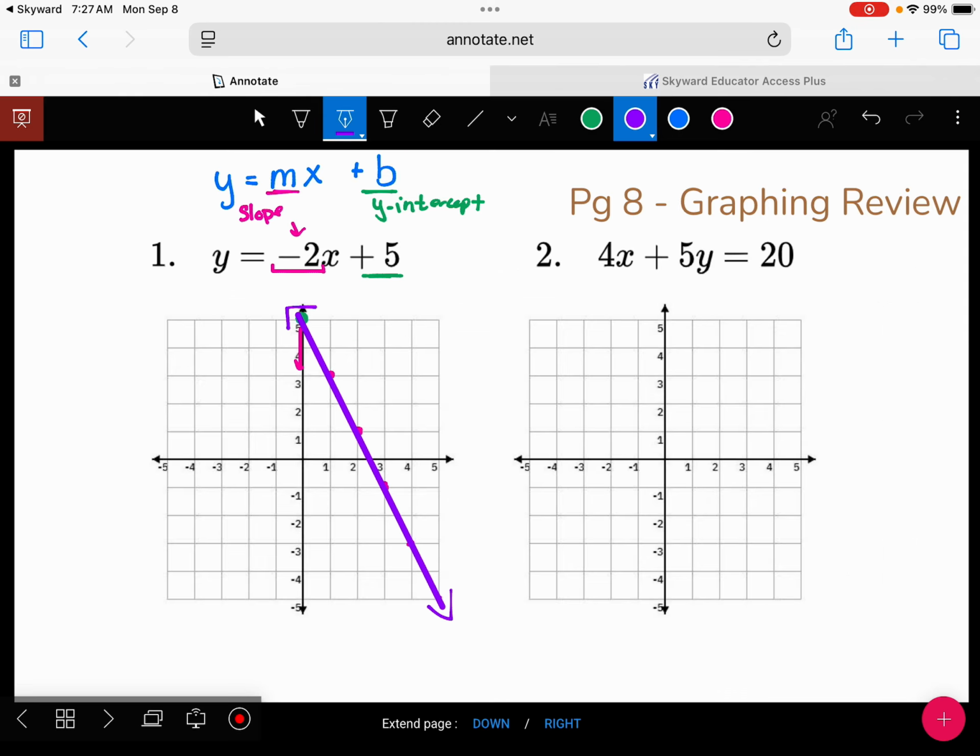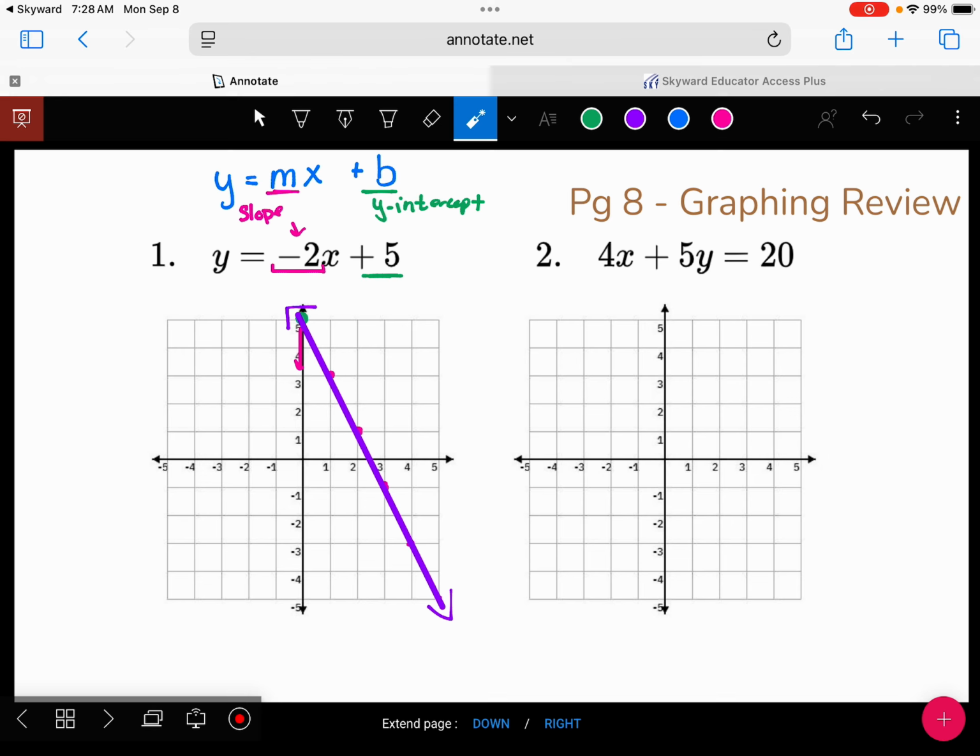So our slope-intercept form, we can just start with our points. Intercepts, move with slope. For the ones that are in standard form like this, we could solve it into slope-intercept form. I could go and get this to be a y equals and do this exactly the same way. 100% valid.